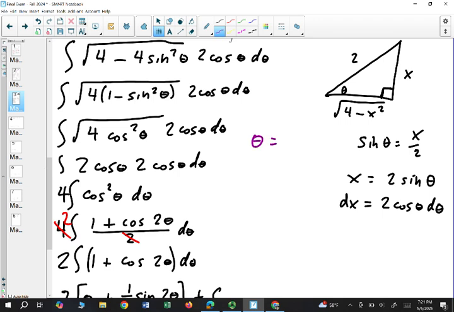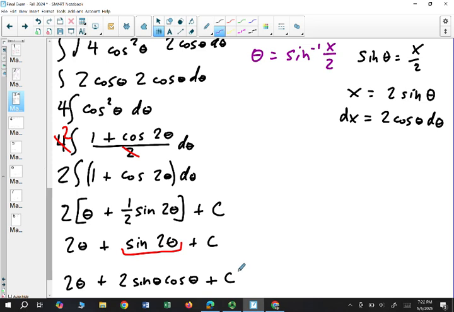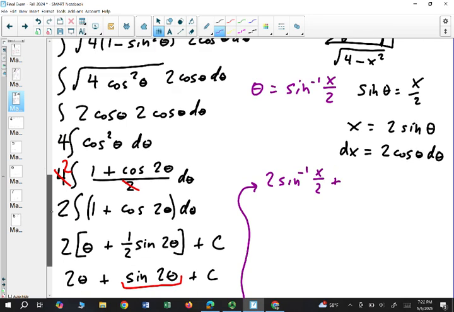Right, inverse sine of sine is theta, and then inverse sine of this side. So theta will equal inverse sine of x over 2. Okay, so I'll just write this up here. So that means I have 2 times the inverse sine of x over 2 plus 2 times sine theta cosine theta.